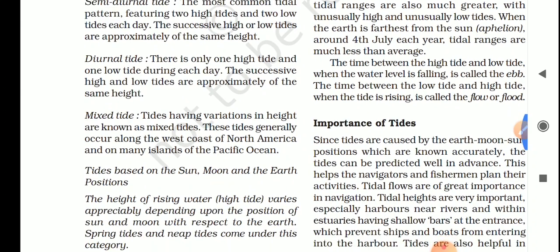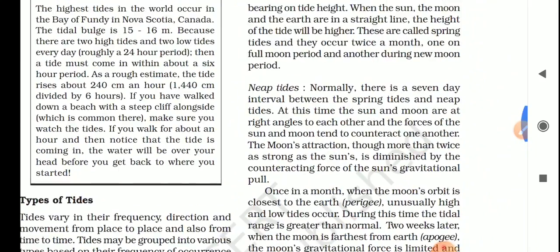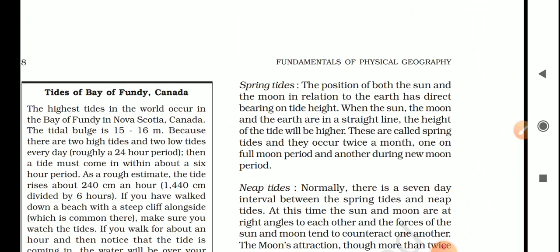Very important, spring is linear, that is how you can remember, but it is not at 90 degrees. When the sun, moon, and earth are in a single line, it is a spring tide. The easiest way to remember: it occurs twice a month, at full moon and new moon.